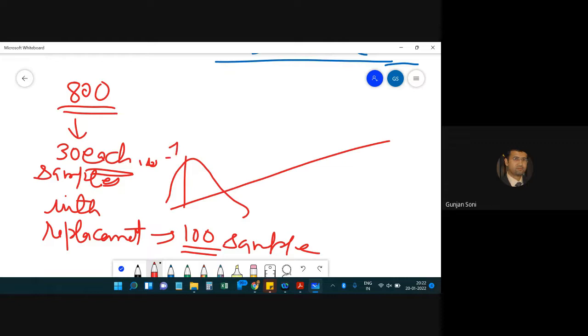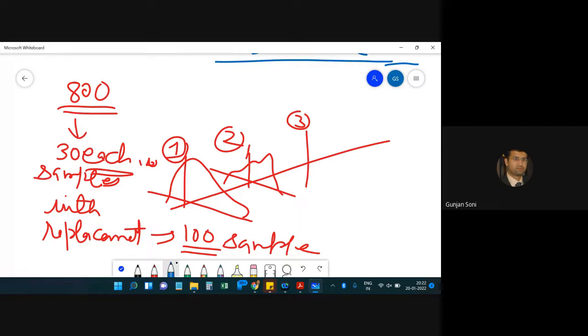Sample number two, around the mean, the distribution is like this. Sample number three, its distribution is, let's say, like this. So like this, I have 100 samples.